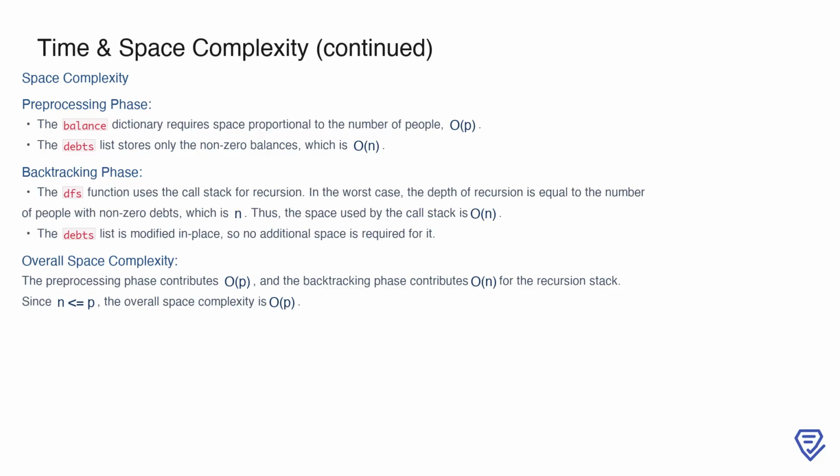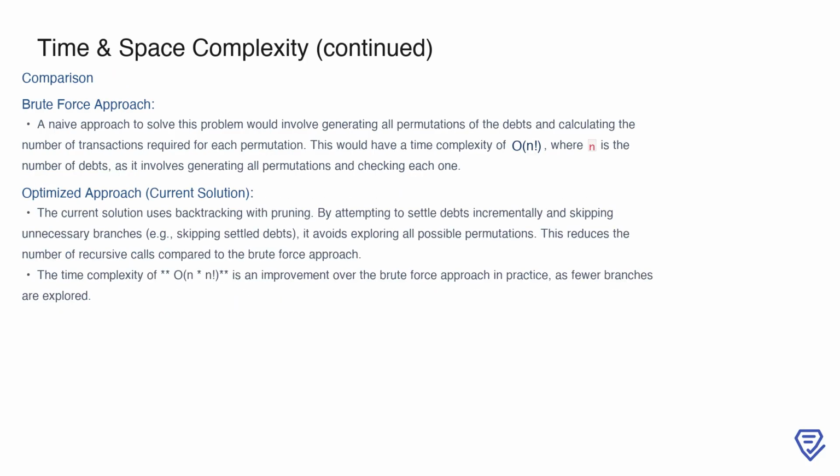Comparing the current solution to a brute force approach highlights the efficiency of the optimized method. A naive solution would generate all permutations of the debts and calculate the number of transactions needed for each permutation. This brute force method has a time complexity of O(n!), as it involves generating n! permutations for n non-zero debts and evaluating each one.